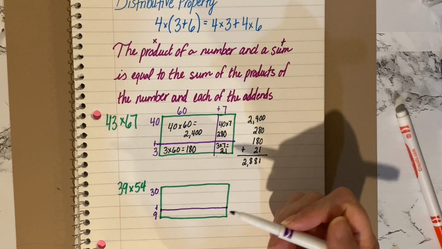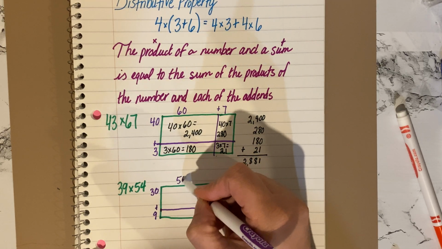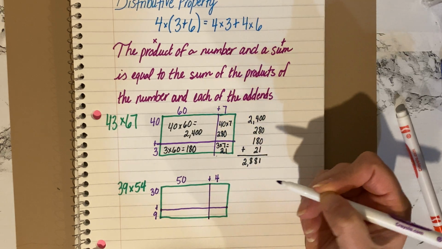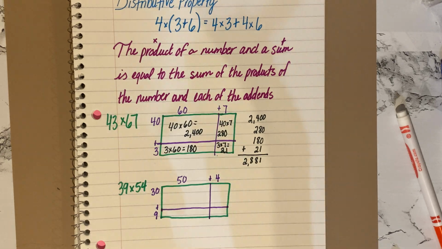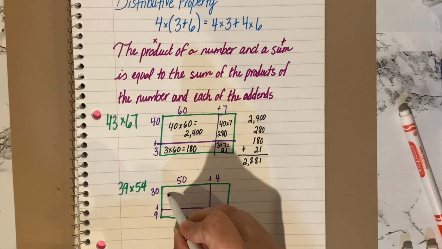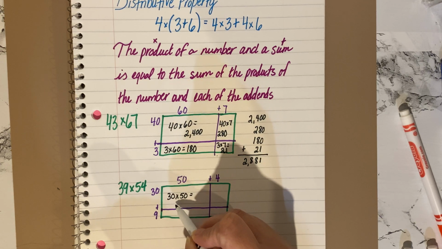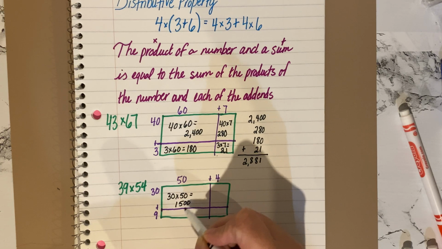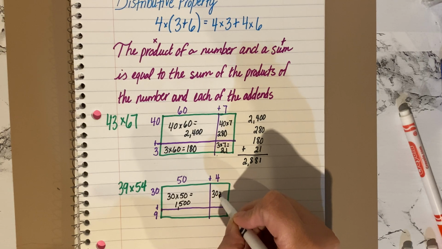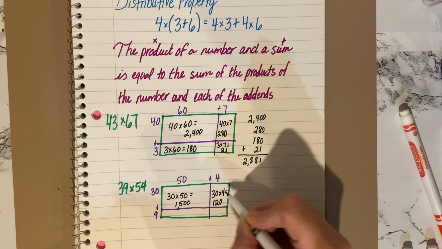I know I'm going to write in those boxes though too, so I don't want to make them too small. 50 and 4 is 50 plus 4. And let's do the sections. I have 30 times 50. 5 times 3 is 15 and 2 zeros. I have 30 times 4. 4 times 3 is 12 and 1 zero.